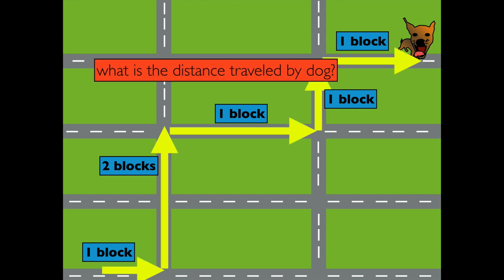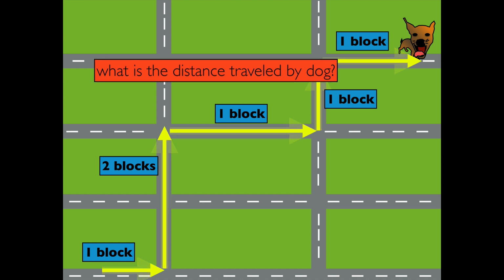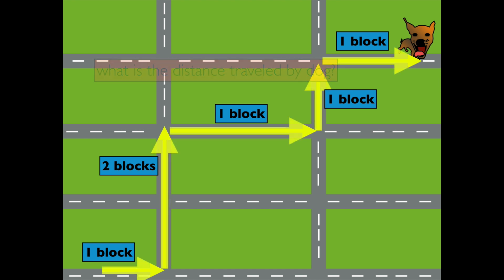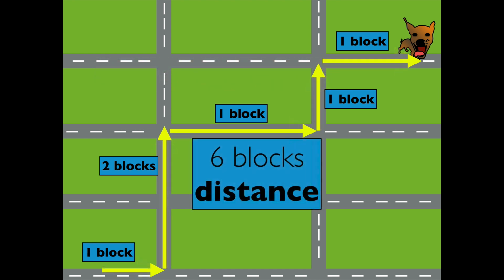First of all, one of the initial ways would be what is the distance that the dog traveled, the actual distance, tracing the actual path that he took. So in order to find the distance traveled by the dog, I would have to add all the different blocks that he traveled. So that would be 1 plus 2 plus 1 plus 1 plus 1, and that would give me a total of 6 blocks.